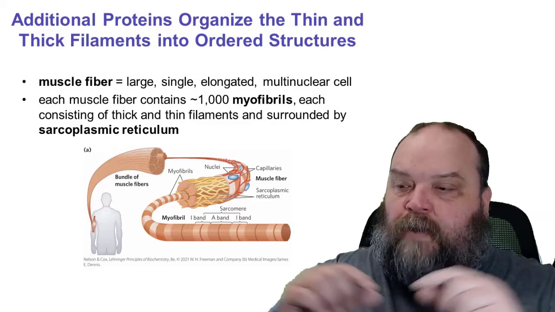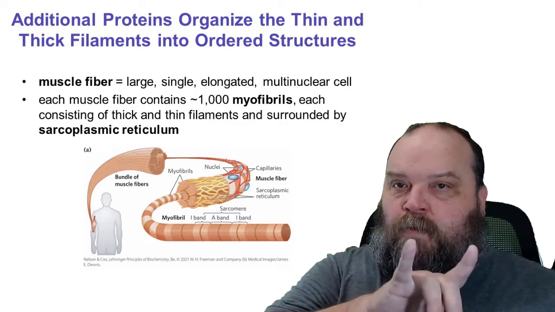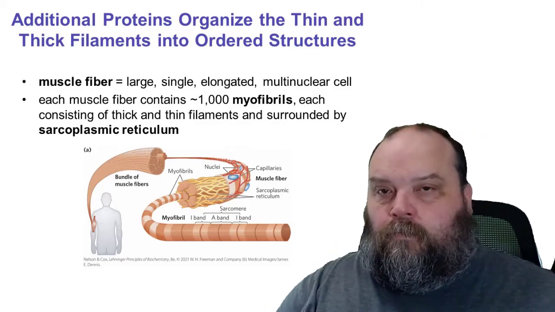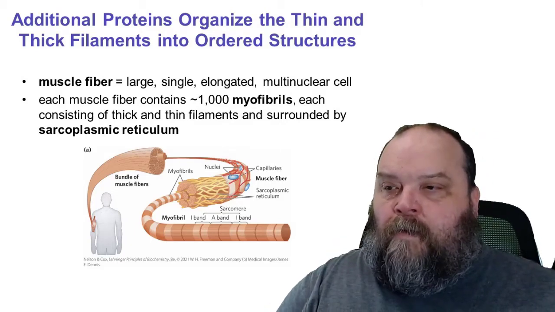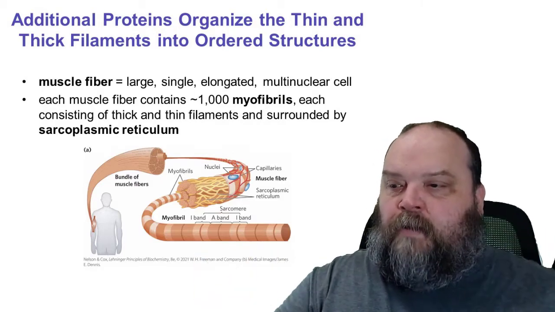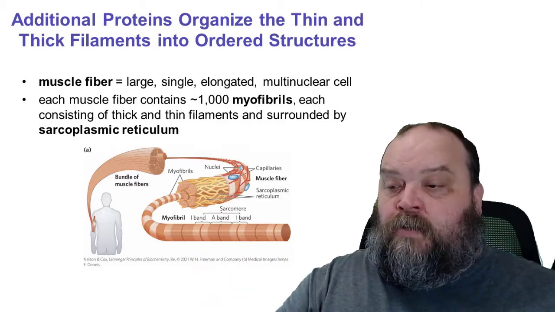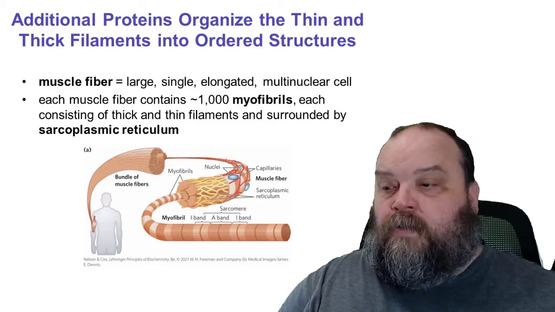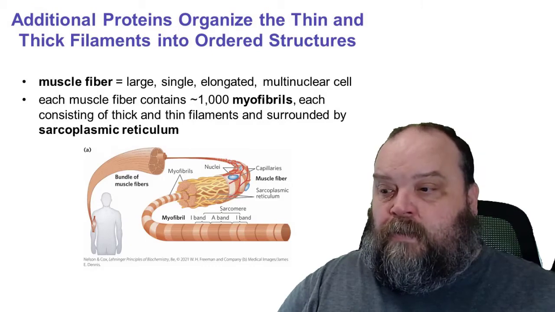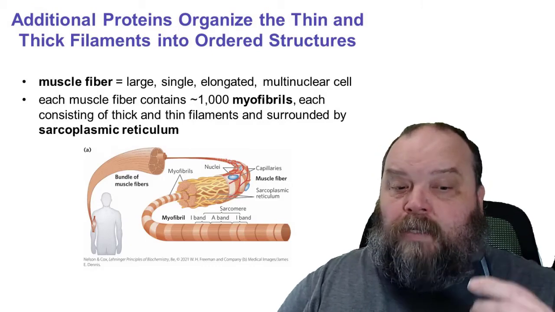You see that the myofibrils are broken down into subunits known as sarcomeres. Get the myofibrils wrapping around each other, you start to get muscle fibers. Get enough muscle fibers together, you get bundles of muscle fibers that give you a muscle.